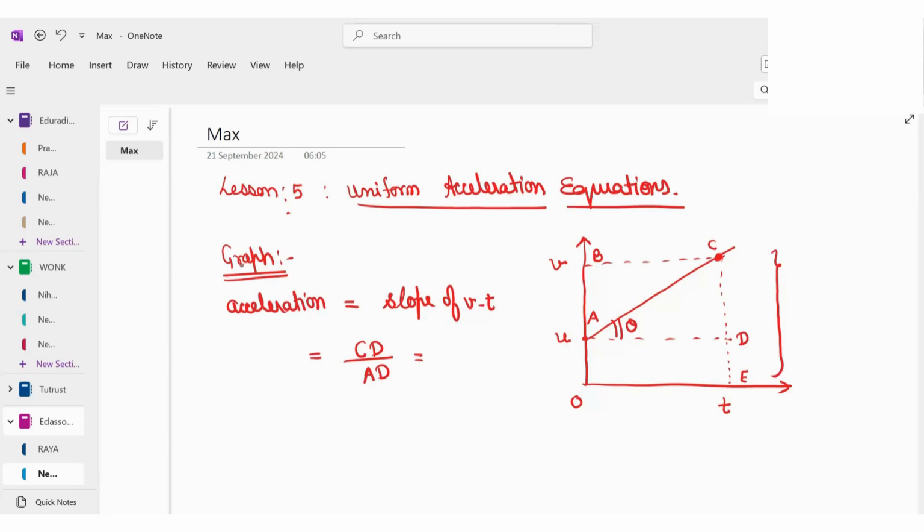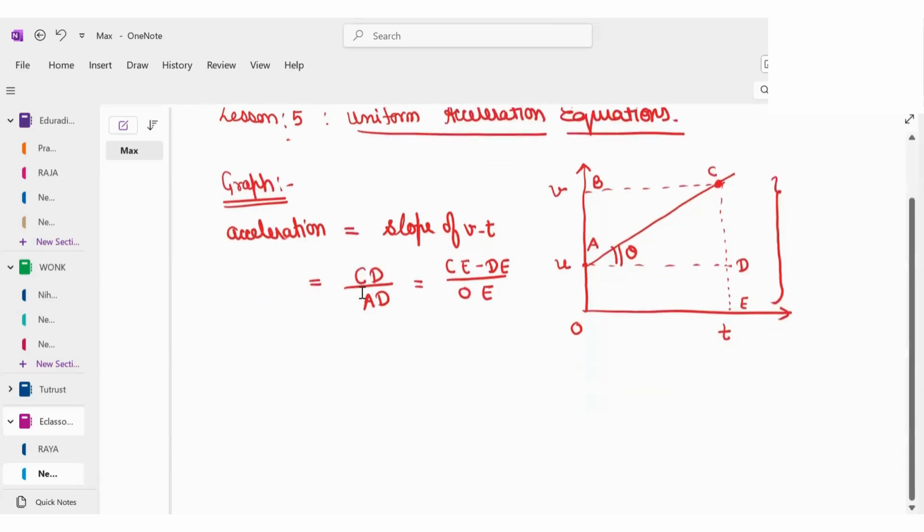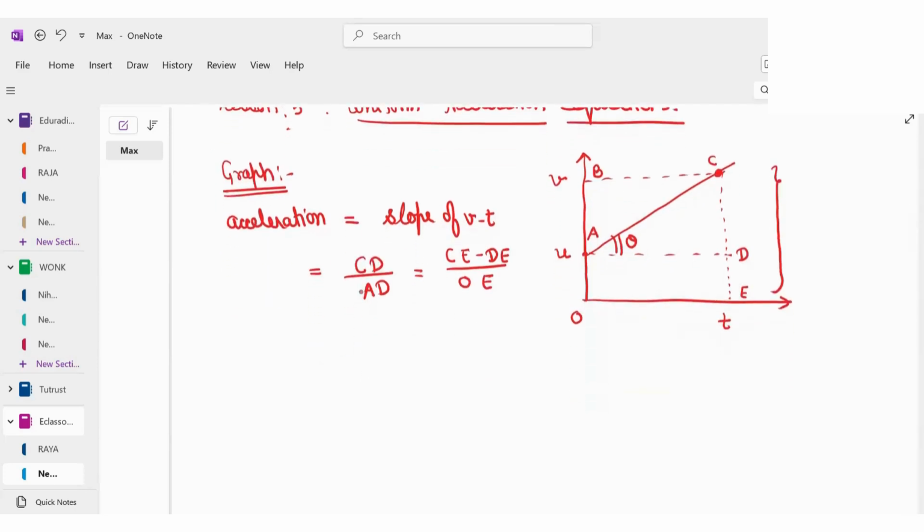Can we write CD is equal to CE minus DE and AD as OE? CD becomes CE minus DE and AD is similar to OE.